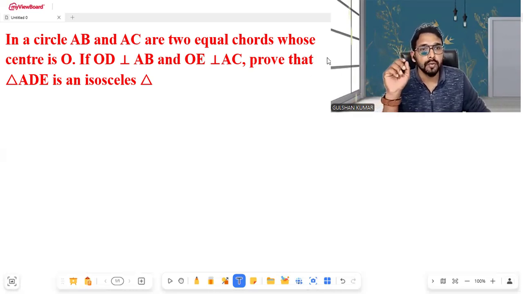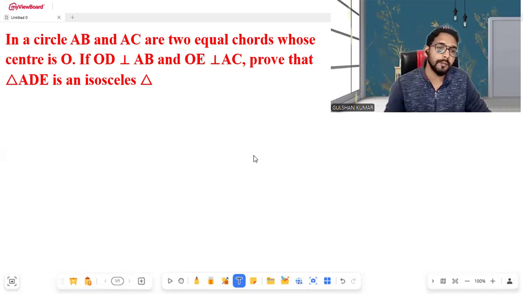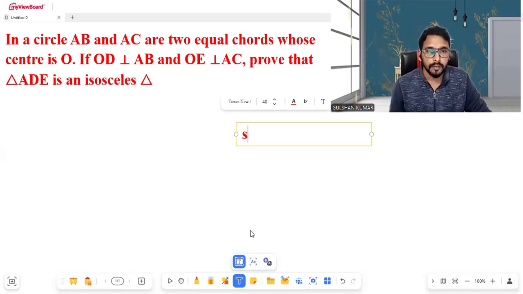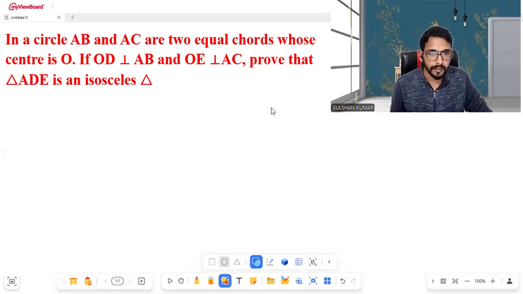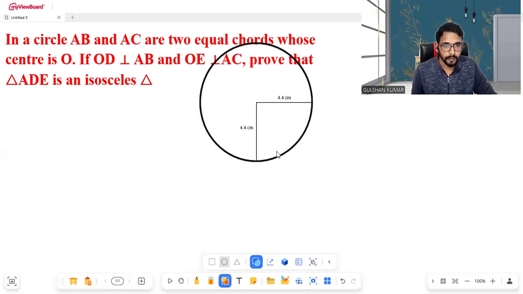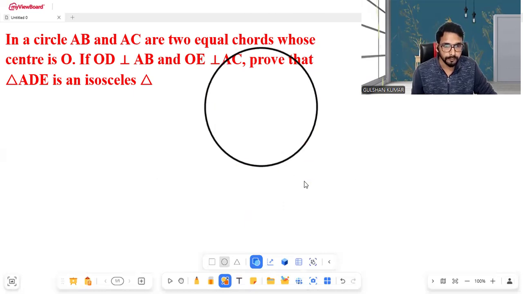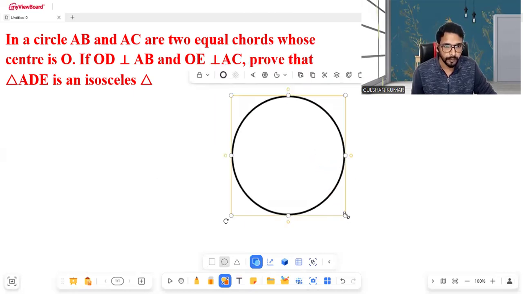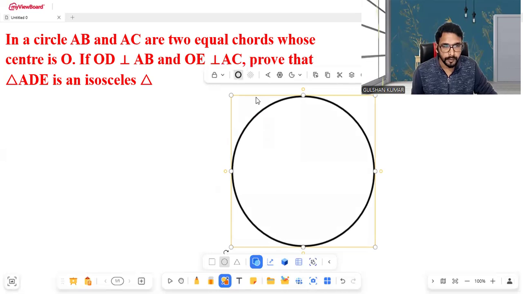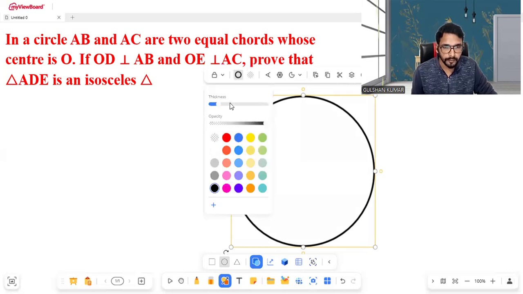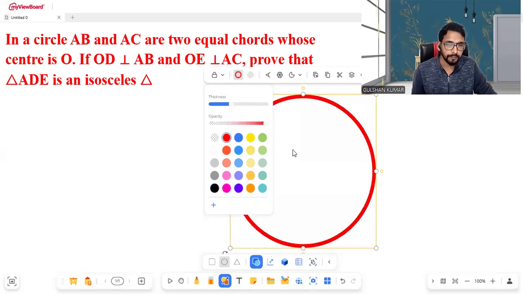So we are starting with the diagram here so that we can understand it easily. Here we have a figure. Make it thicker and change the color.